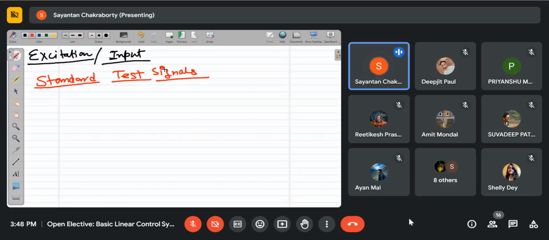Second point, since we are only dealing with LTI systems which follow the principle of superposition, if you can identify the test signals judiciously, then by a linear combination of these test signals, we can represent any random physical input.